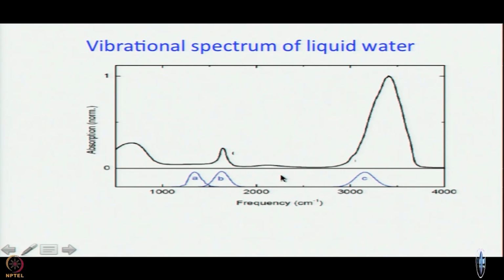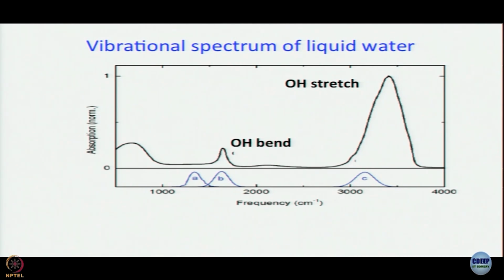So, what are they? This one I think everybody knows, the one between 3000 and 3600-700 centimeter inverse, that is the OH stretch of water. That is the strongest signal, and that is what predominates whenever there is anything that contains an OH group. You always see this broad absorption, that is very, very well known. The next one also I think is well known, it is OH bend.